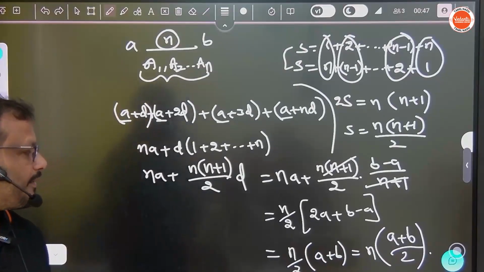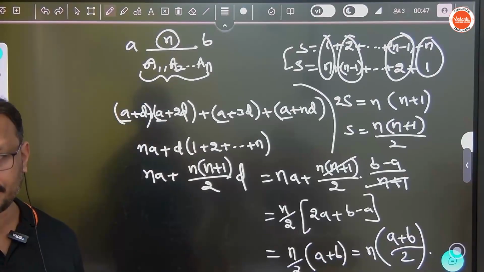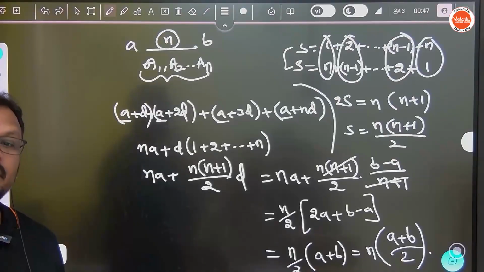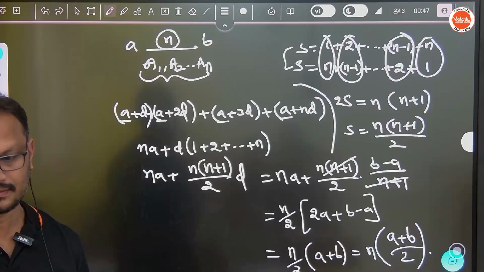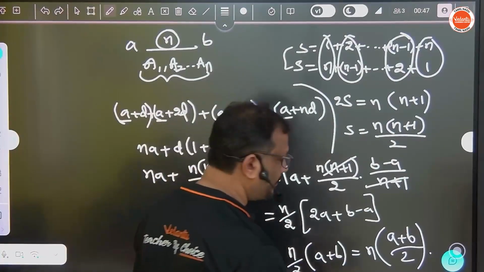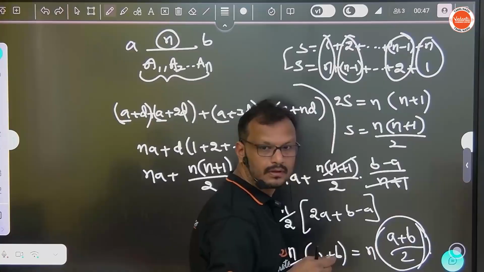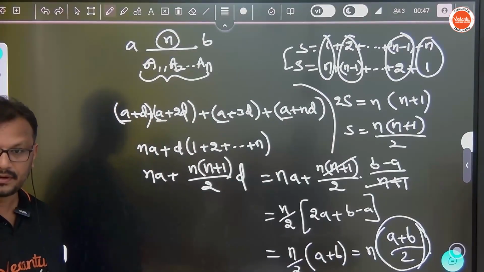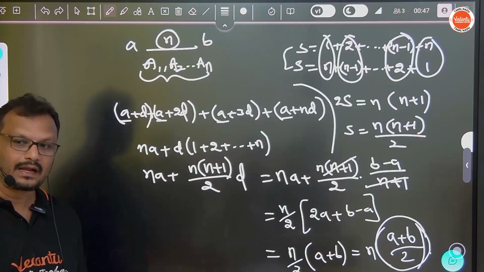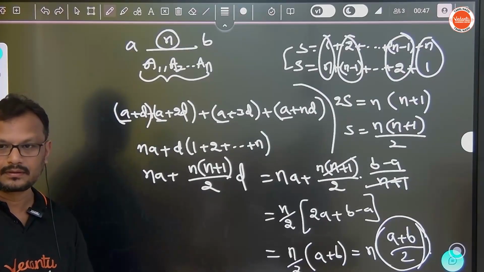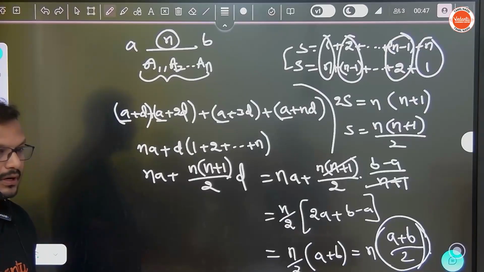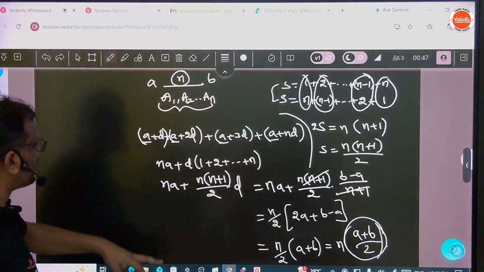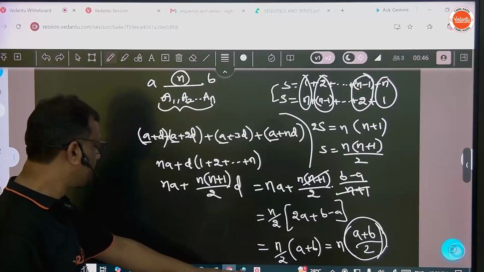So the sum of n arithmetic means between a and b is equal to n times the arithmetic mean between a and b. That is the arithmetic mean between a and b, which you all know. Is my point clear?